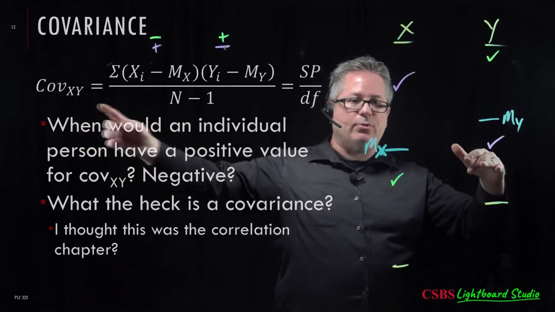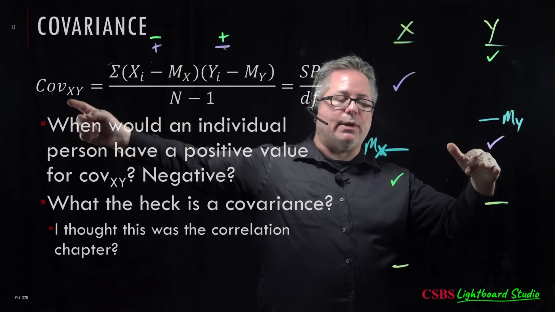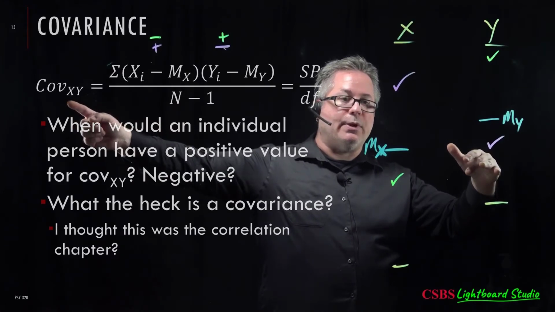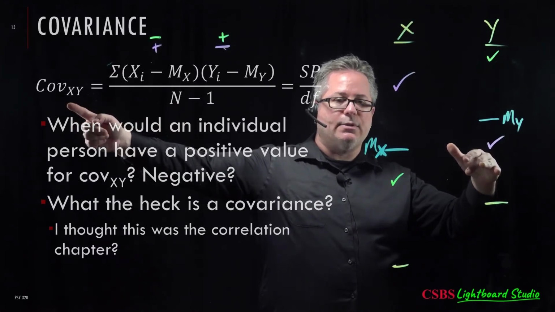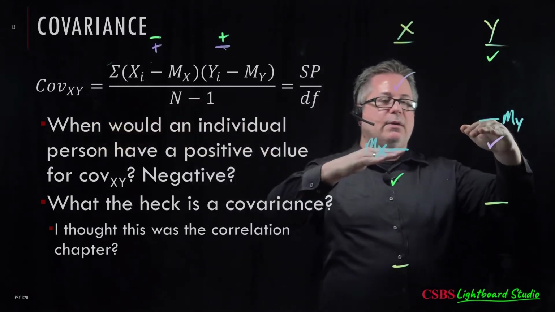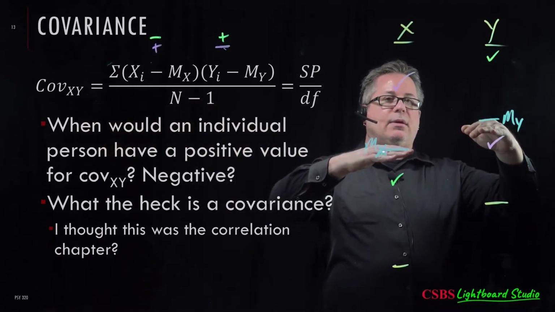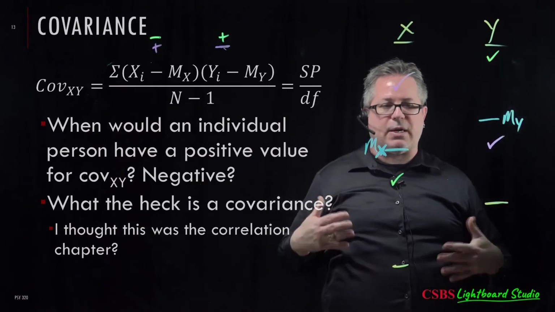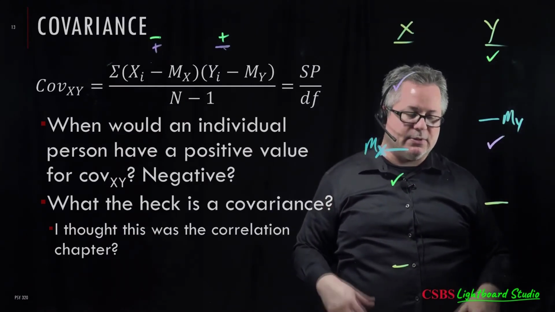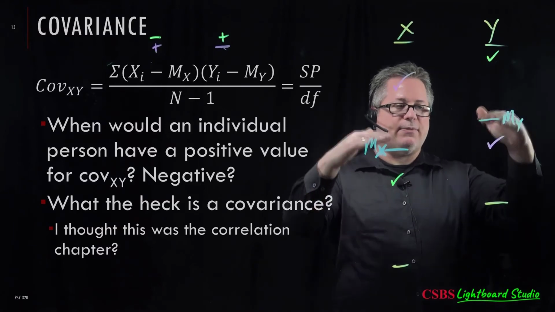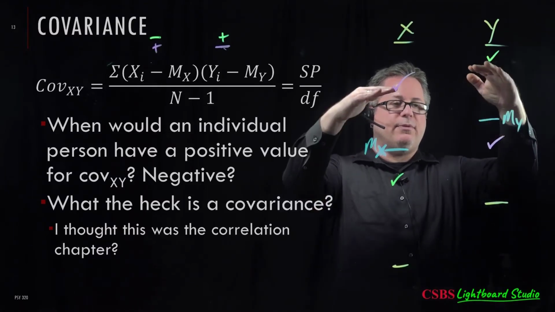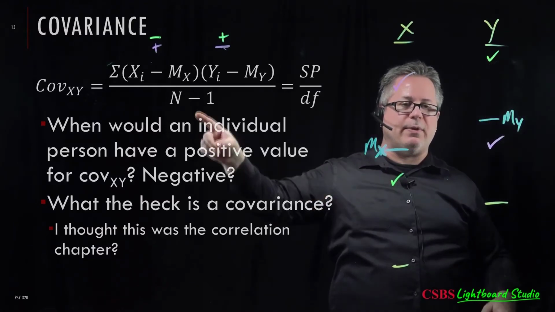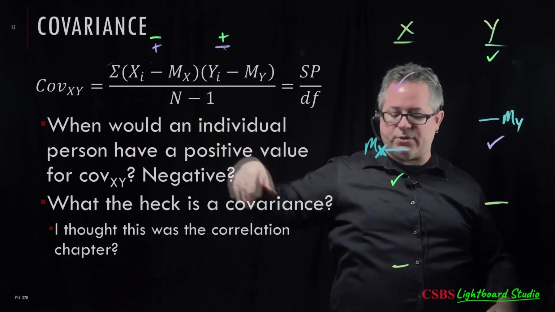On average, people are contributing positive products. So we're going to get a positive covariance. So it means to tell me that high scores go with high scores, low scores go with low scores. So positive covariance tells me that there is a direct relationship relative to the means. They're both above, both below, and when we average that out, there is an average for that sort of tendency.